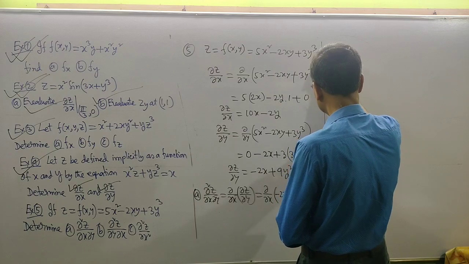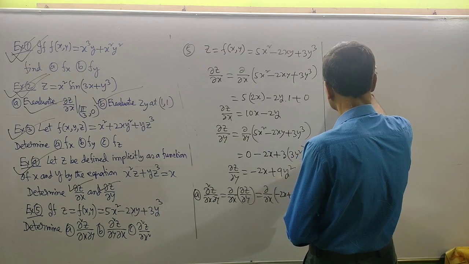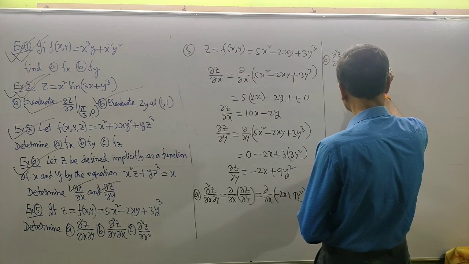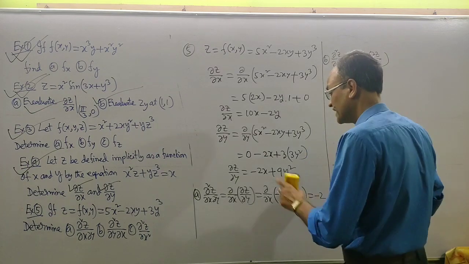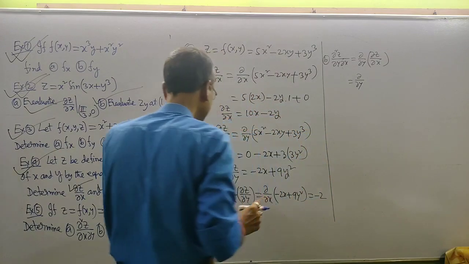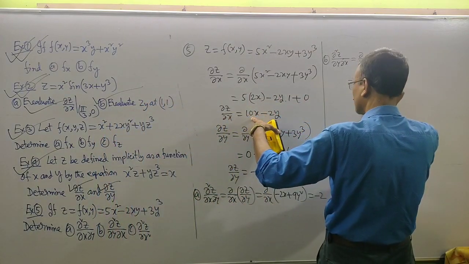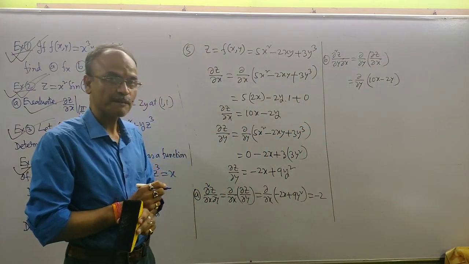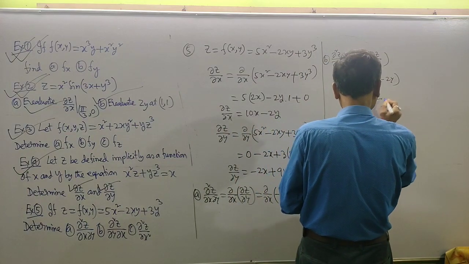Part B: del 2z by del y del x equals del y of del z by del x, equals del y of 10x minus twice y. This is 10x minus twice 1, and it will be equal to 0 minus 2, equal to minus 2.